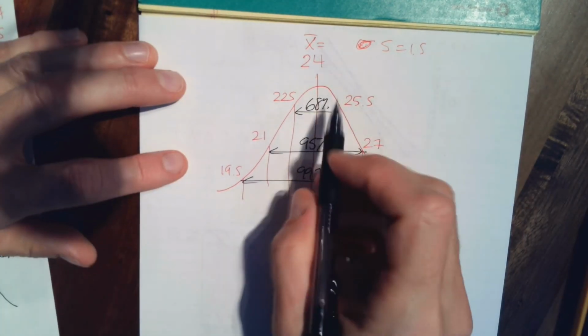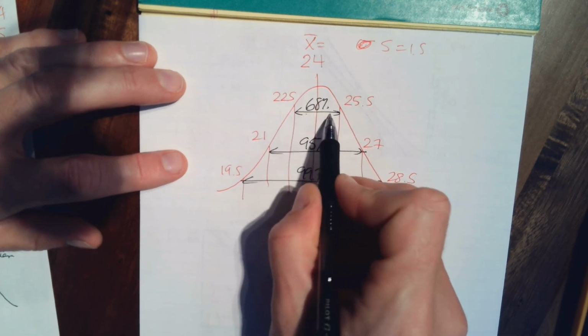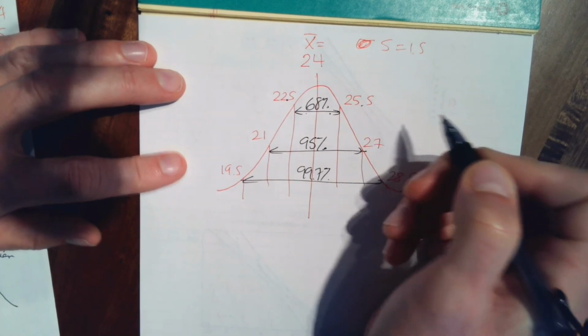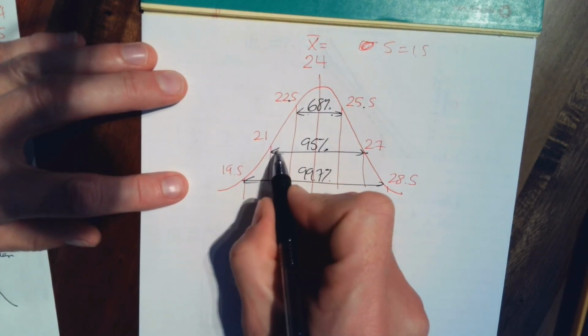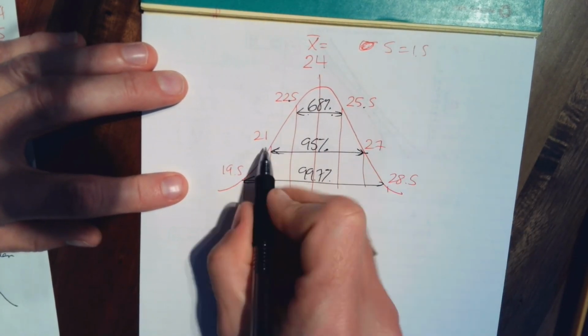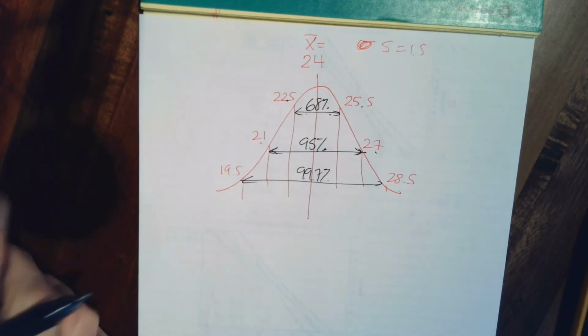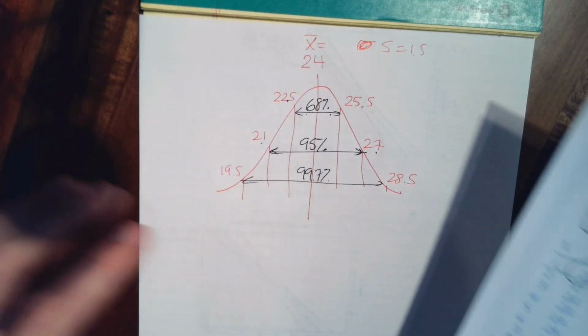So I would expect on 68% of the days that you'll see between 22.5 and 25.5 customers. 95% of days, this business will see between 21 and 27 customers. And you can go back and compare that to your original data and see how accurate this is.